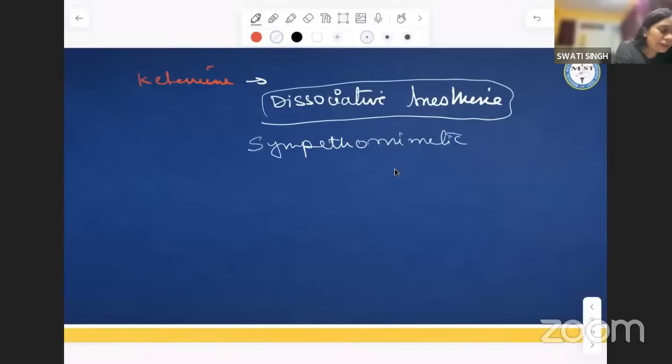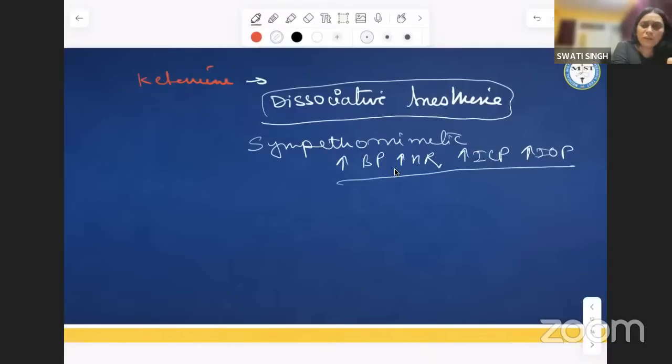Sympathomimetic. So it increases blood pressure, it increases heart rate, it increases intracranial pressure, it increases intraocular pressure, it increases all the pressure of the body. Why? Because it is sympathomimetic. So it would not decrease any pressure. First, it will cause hypertension and tachycardia, because it is sympathomimetic.